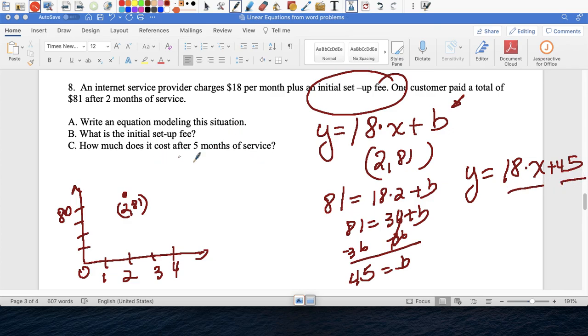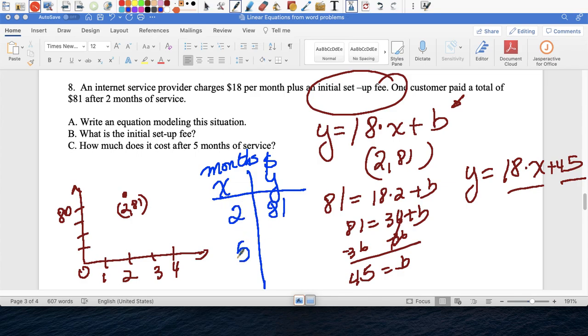And then the final question is, so again, let me draw a table. We had a table, this is what we had. We had x and y, this was the month and this was the total. And we started by knowing that, hey, in 2 months I paid 81. Our next goal here is to find how much you will pay in 5 months. So this is the information we started with. Well, now that I have that function, I can go y equals $18 for 5 months plus the $45 initial fee.